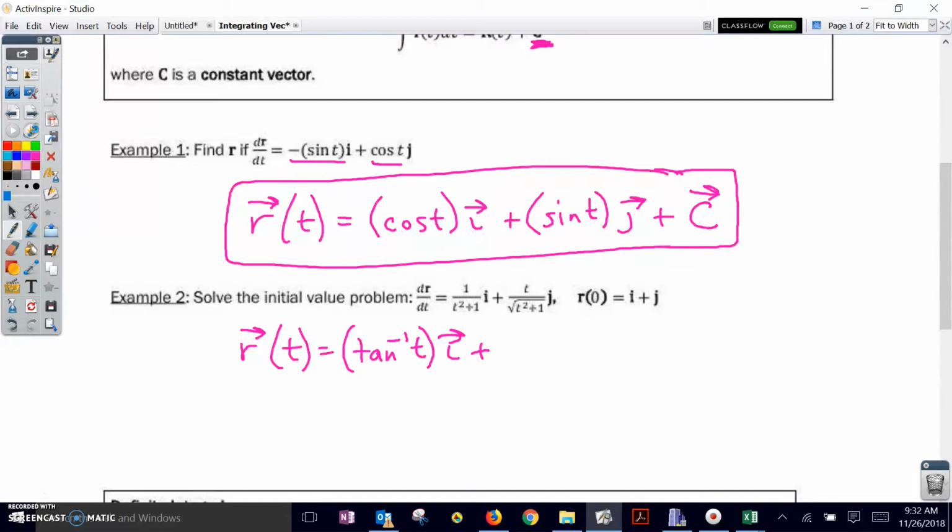Well, if I do substitution here, u equals t squared plus 1, du equals 2t dt, so 1/2 du is equal to t dt. So this turns into the integral of 1/2 du over the square root of u, and the antiderivative of du over the square root of u is just 2 root u, so this ends up being the square root of t squared plus 1.